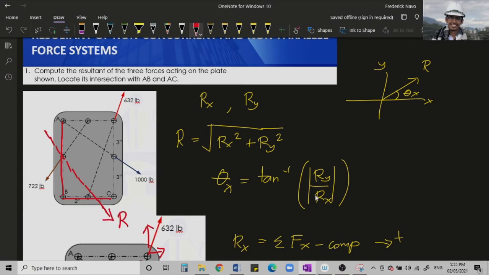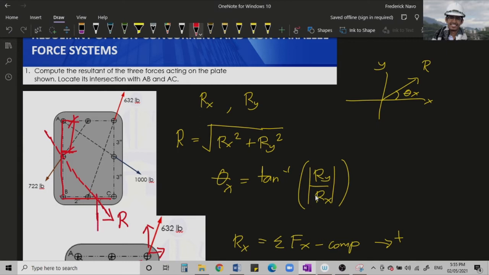So, sabi niya, locate its intersection with AB. So, yung kukunin natin is ito, yung intersection dito sa AB. So, mag-intersect siya somewhere here. No? Diyan. And somewhere dito, mag-intersect siya dito along BC. So, this is along BC pala, okay?